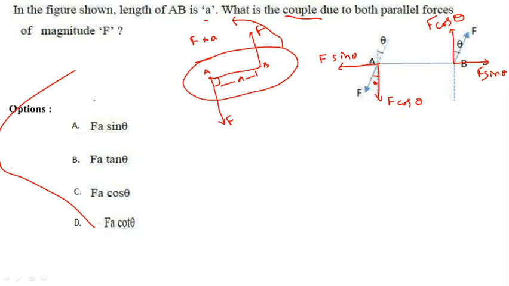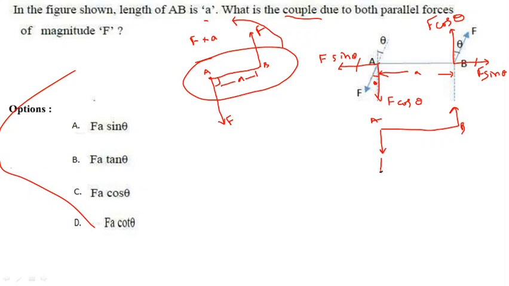If you observe, the horizontal components F sin theta and F sin theta are equal in magnitude and opposite in direction, so they will get nullified. The distance between point A and B is given as a. Finally we are left with this force at point A and this force at point B.